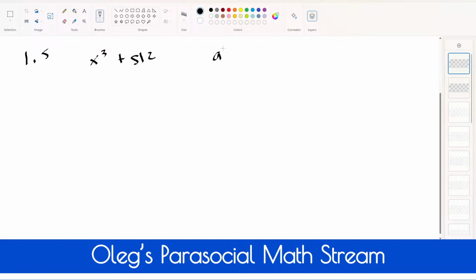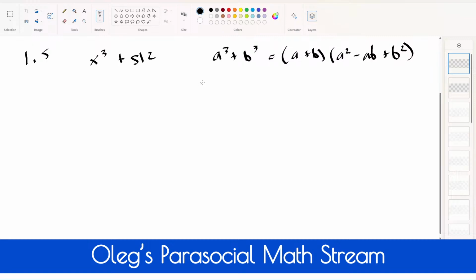That's going to be a cubed. We're going to assume these are cubed. Plus b cubed is equal to same, opposite, always positive. Okay?